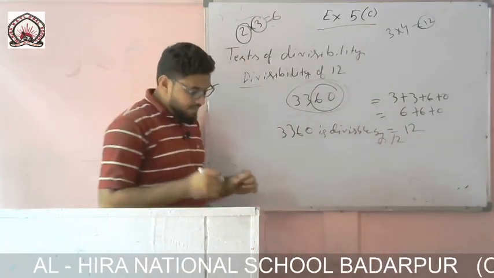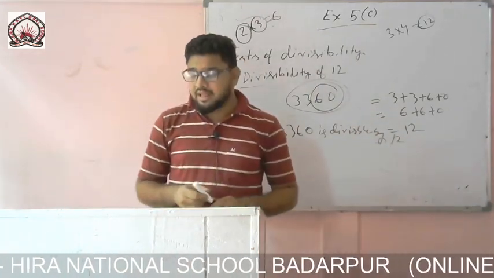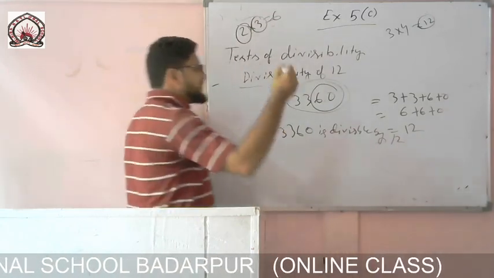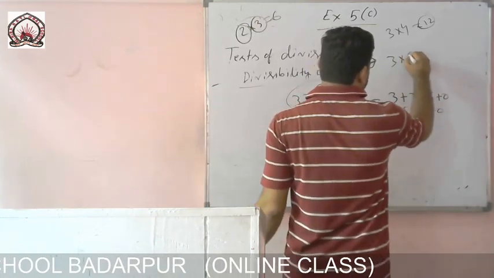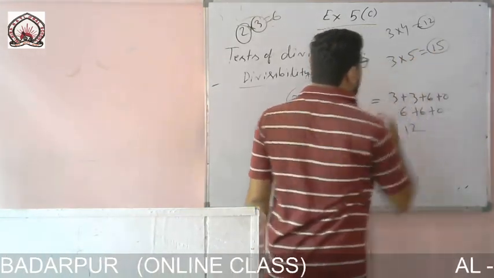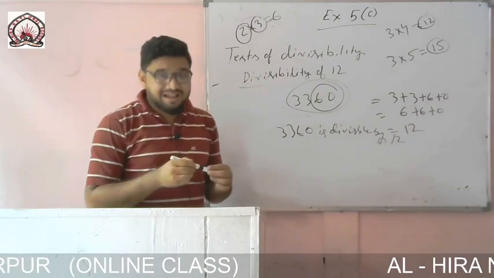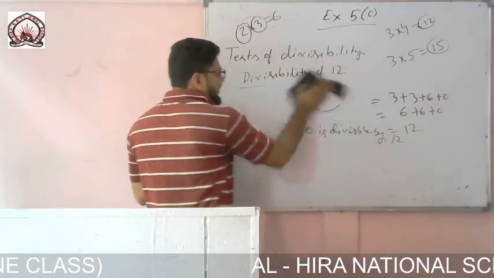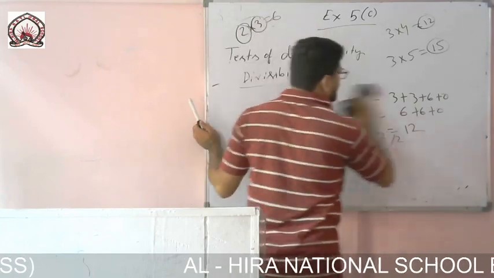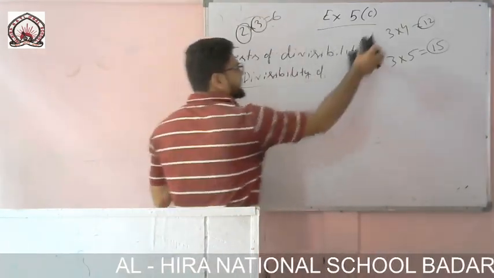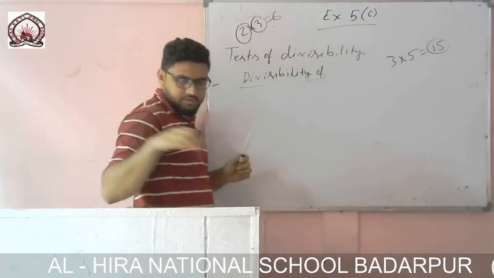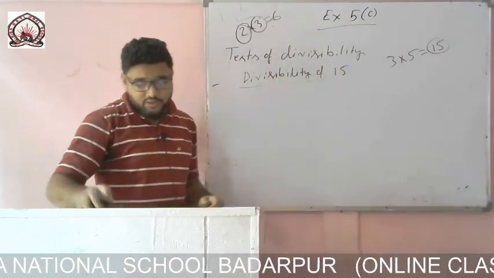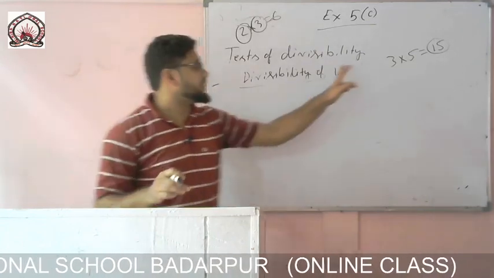Understood? Now come to the divisibility of 15. So divisibility of 15, how? How can I break this 15? 3 into 5, it is 15. So first we need to check whether this number is divisible by 3 or not.